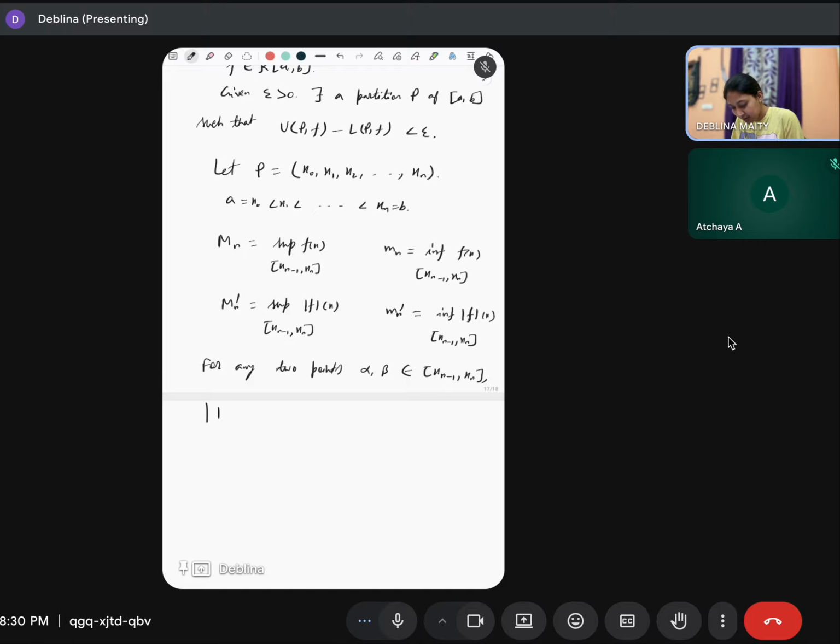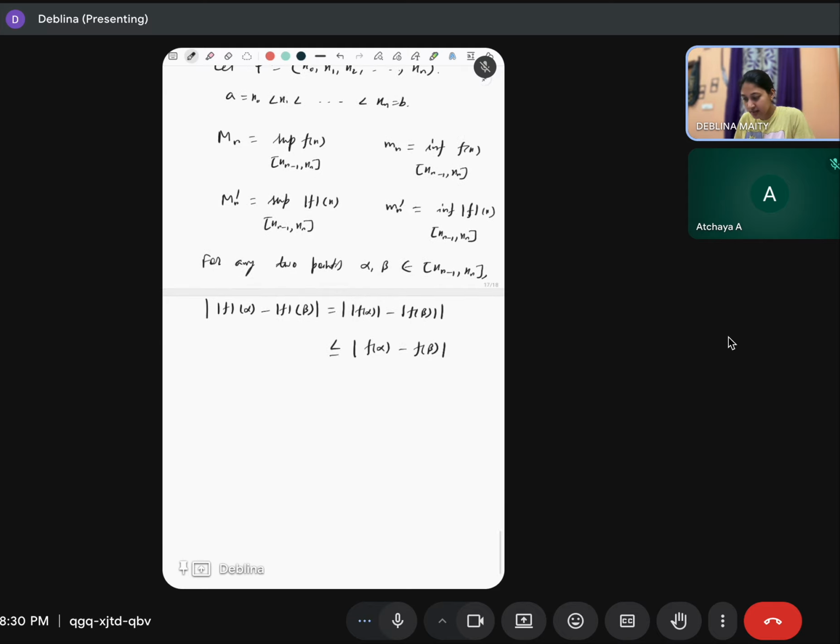We have mod f of alpha minus mod f of beta, which is actually the mod of |f(alpha)| minus |f(beta)|, right? And by triangle inequality, this is less than or equal to |f(alpha) minus f(beta)|, right? So we'll need this. So this is, say, suppose 1.